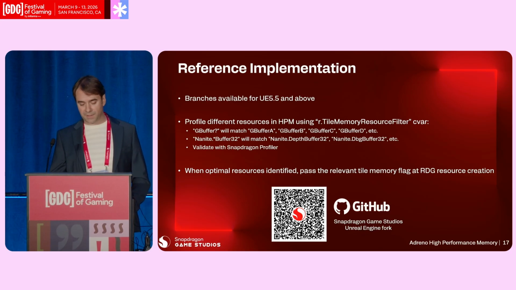It supports wildcards as well, and you can quickly experiment and use Snapdragon Profiler to verify and validate the impact on memory bandwidth. And once you find a good candidate, then you can go ahead and specify the tile memory flag when the RDG resource is created.